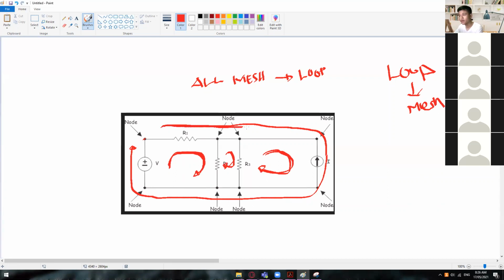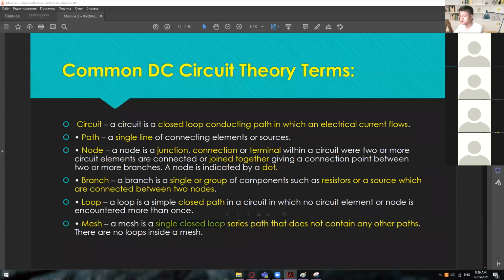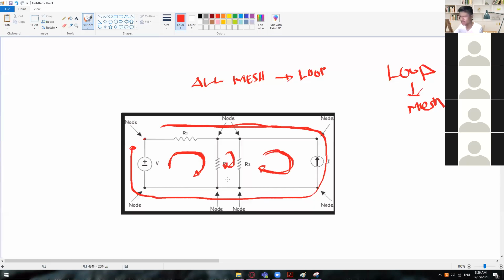But the outer one cannot be called a mesh because there is another loop inside of it. It says here that the path does not contain any other paths, so that is why it's called a mesh. It only has one path, just like this.